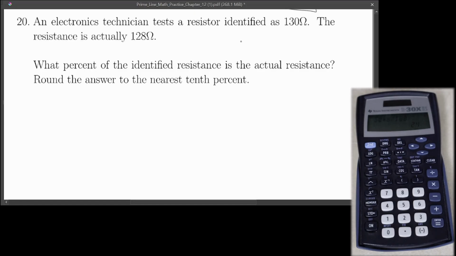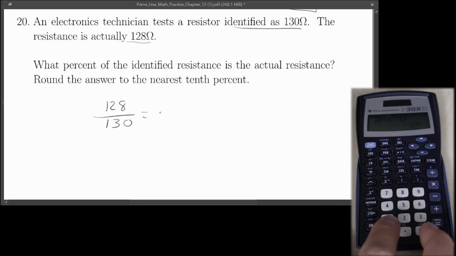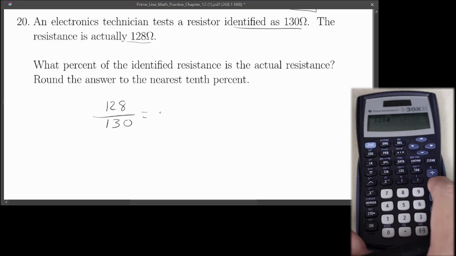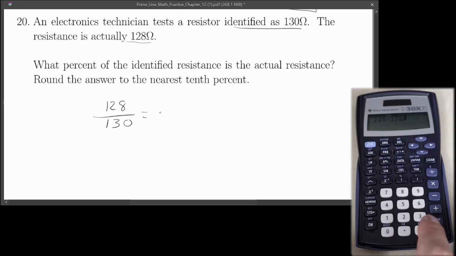Okay, an electronic test of a resistor. It's identified as 130. The actual resistance is this. So we're going to have what it actually measures over the labeled outcome. And when we divide those two, 128 divided by 130, we get the value of 0.98.